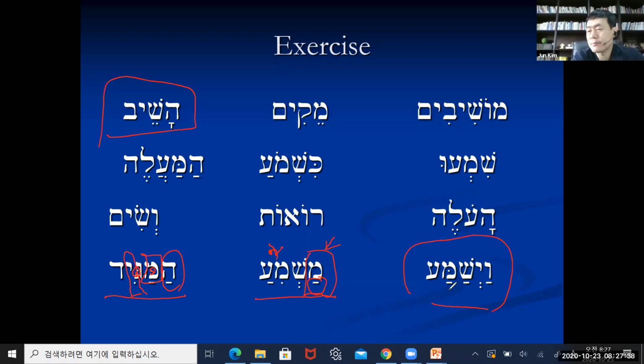What about this one? Actually, this one has something to do with today's lesson. After learning a lot of things, you can be easily confused, even dealing with quite straightforward stuff. So what do you have here? Anything that you can easily recognize? The dagesh is in the middle of the mem. Yes, you're right.